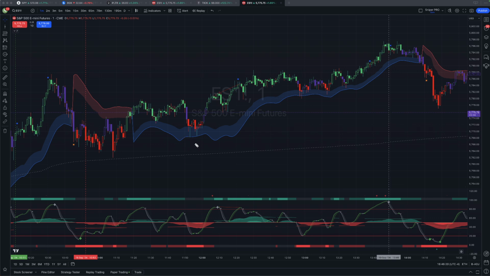One of the other rules here within these trend clouds, with these smart trails, is that we take a short trade when we have a red smart trail, a downtrend, right?